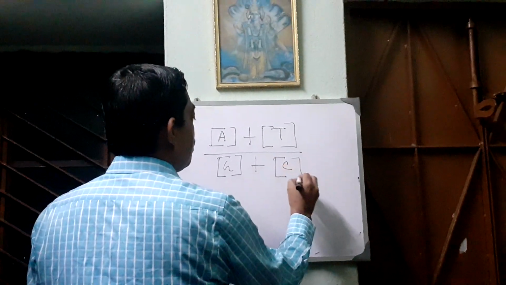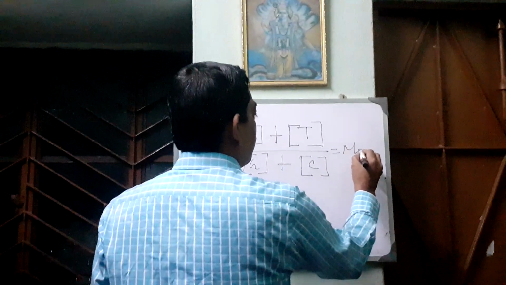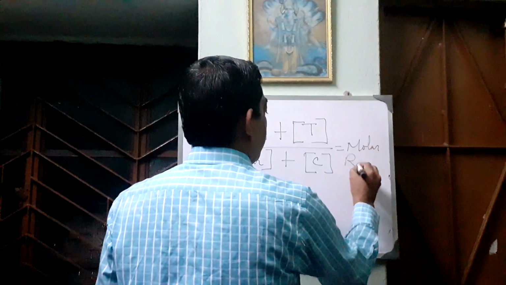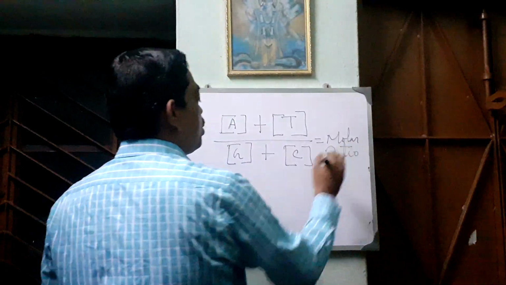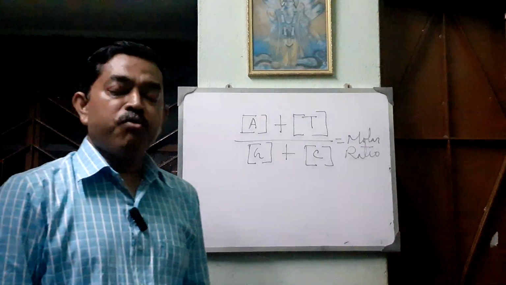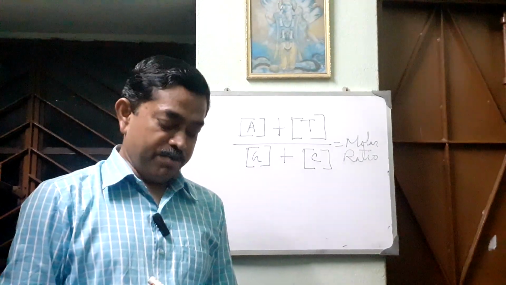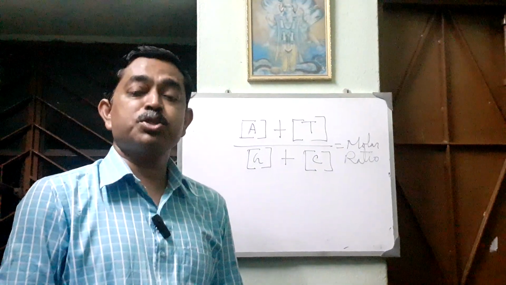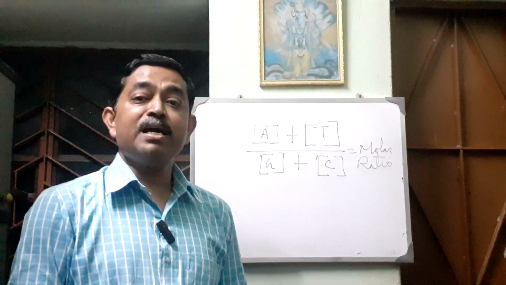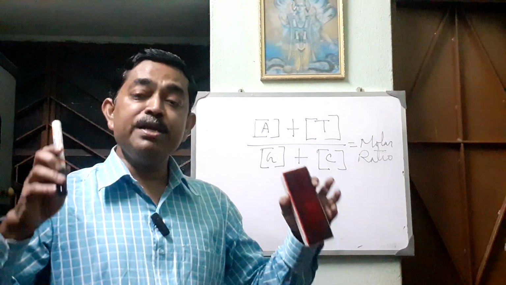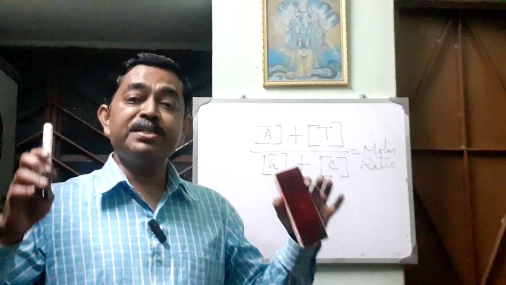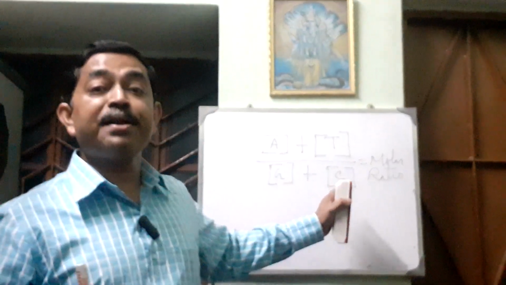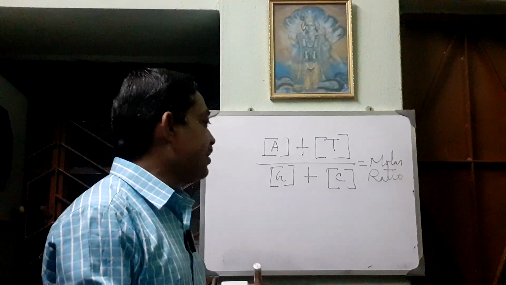This is called the molar ratio. This molar ratio is constant for a particular organism or species, and it is the main characteristic of any organism. You can identify the organism by this molar ratio.